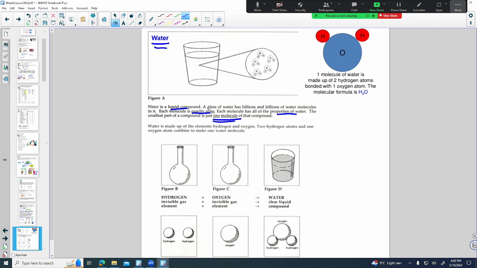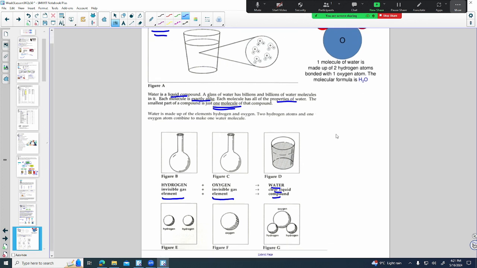So remember I said that hydrogen is an invisible gas element. Oxygen is also an invisible gas element. You take 2 parts hydrogen, 1 part oxygen. It becomes water, which is a clear liquid, and it's now a compound. So 1 molecule of water is made up of 2 hydrogen atoms bonded with 1 oxygen atom.